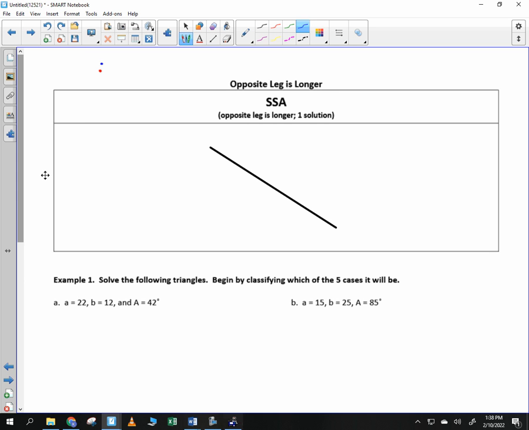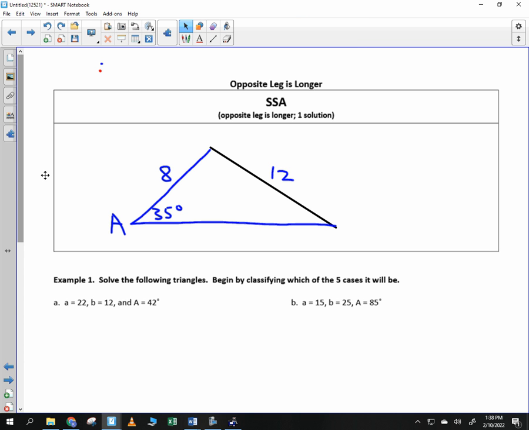Suppose you get an opposite leg that is longer than the other given side. So in this situation, I still have another side-side angle. Let's see what happens when I try to put this one on a pendulum and swing it on over to the other side.